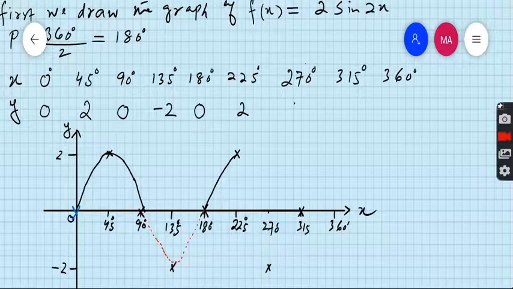So for 270, the value is 0. For 315, the value is minus 2. And for 360 degrees, the value is 0. Check this. Yes, for 360, the value is 0.